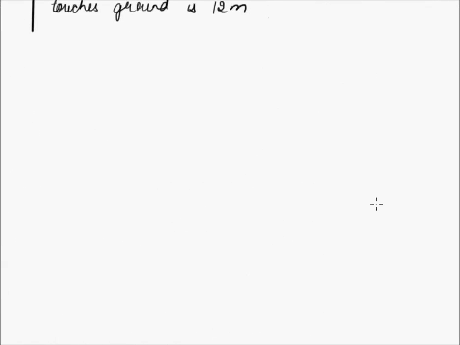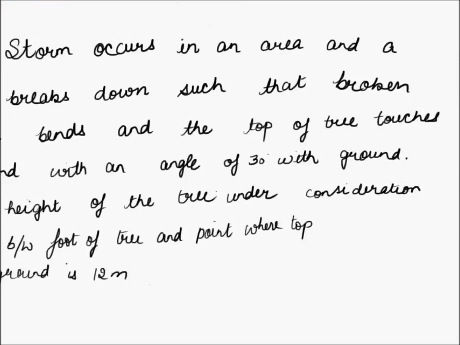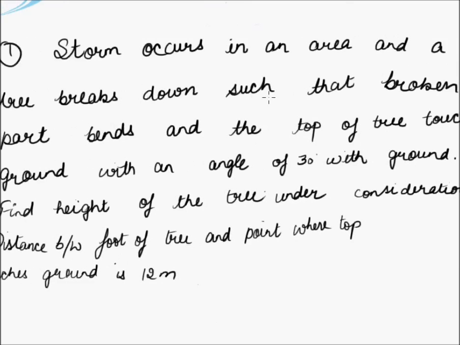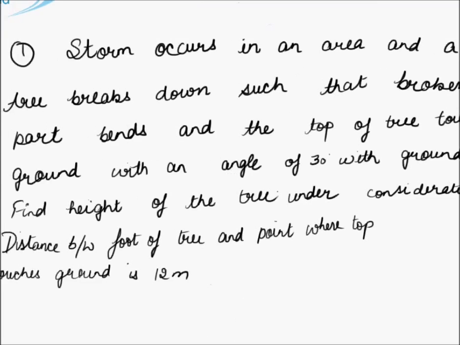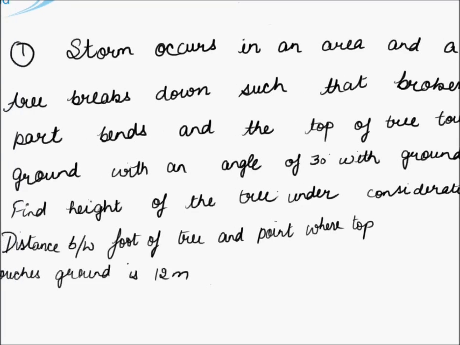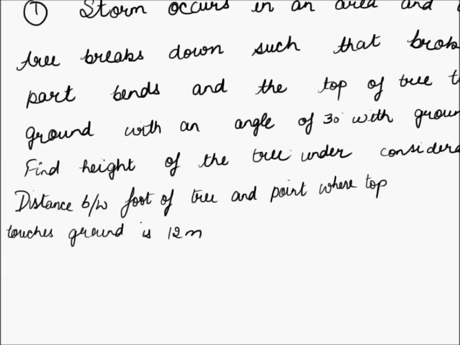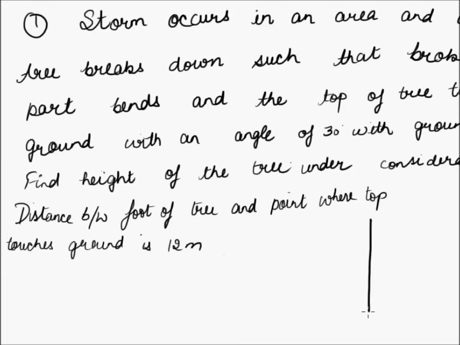Let us have a question. A question says, a storm occurs in an area and a tree breaks down such that the broken part bends and the top of the tree touches the ground. Suppose we have a tree, say AB.